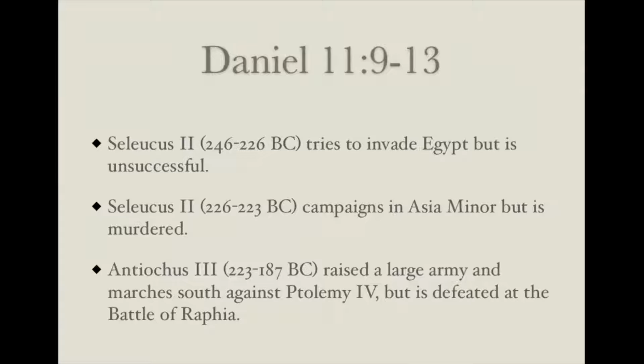Okay, so Seleucus II decides to invade Egypt, but is unsuccessful. He turns his attention to Asia Minor and actually ends up being murdered. Antiochus III, who took over after him, raised a huge army and marched against Ptolemy IV and is defeated at the Battle of Raphia.